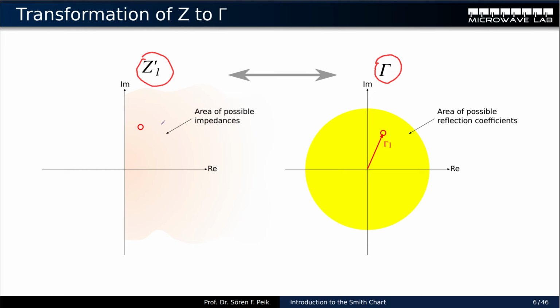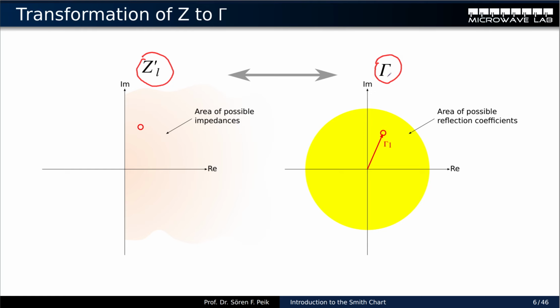When you think about it, you will see that the impedance usually has a positive real part. There are no negative impedances in the real part, unless you have something really fancy. And the imaginary part can have any value you can think of. That makes the possible area of impedance values in the complex plane this orange-brown area here.